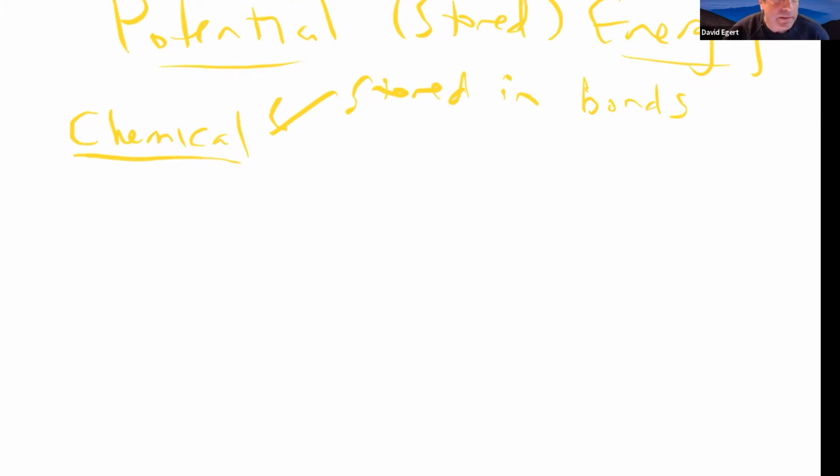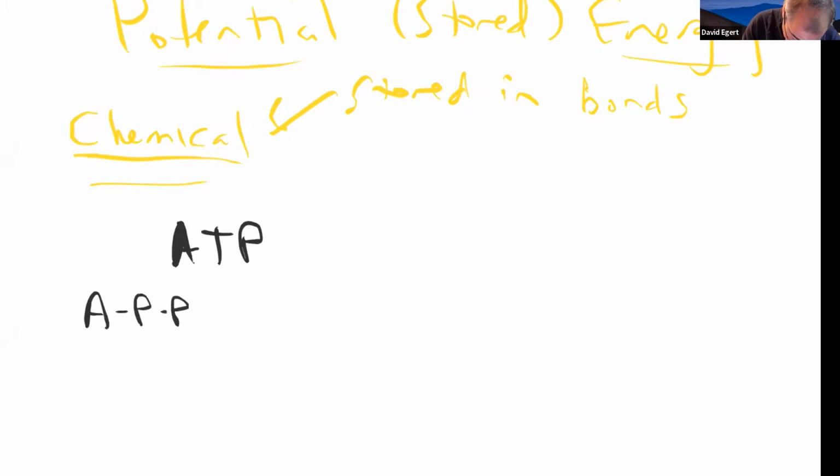The thing you often see as chemical energy is what's the classic molecule, the currency of energy that we use in our bodies? ATP. ATP is going to be a classic example, right? ATP is adenosine with 3 phosphates hanging off it.